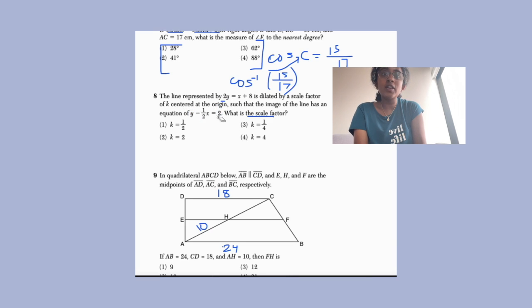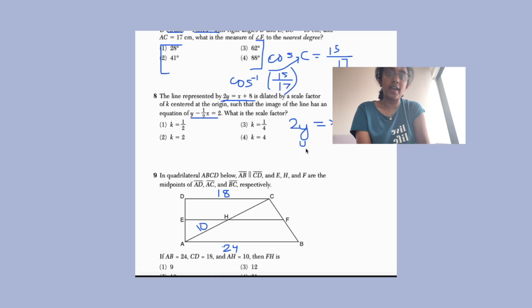So what we can do to find the scale factor, which means these equations are multiplied by something constant, is make sure that everything in both equations is positioned the same way. So we have 2y equals x plus 8.